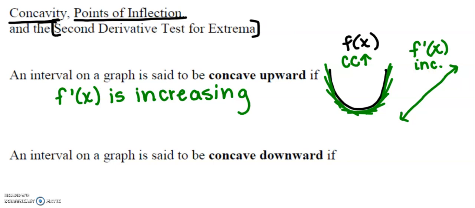Okay, so a graph then is said to be concave downward if, you guessed it, f prime of x is decreasing.